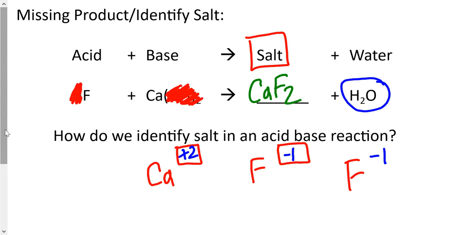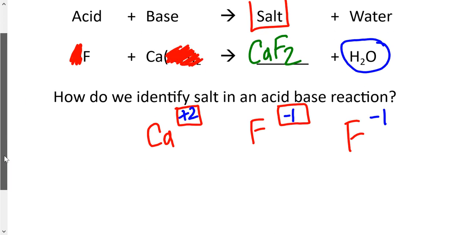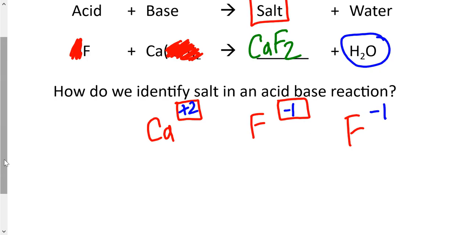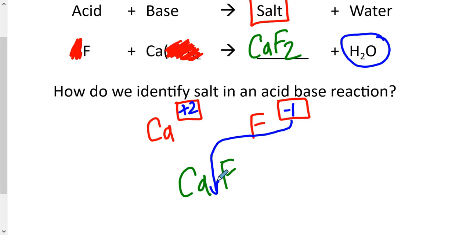For those of you who usually use the crisscross method, you can simply write calcium and fluorine next to each other, and you can bring the exponent of fluorine and write it as a subscript of calcium.